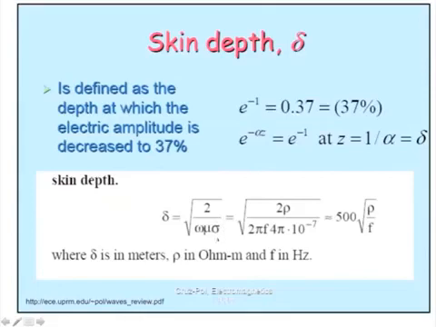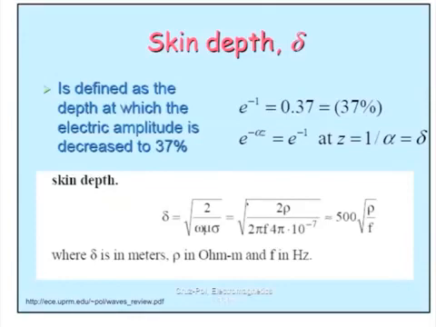We had omega, mu, and sigma, and sigma, which I hope you recognize by now, is the conductivity.